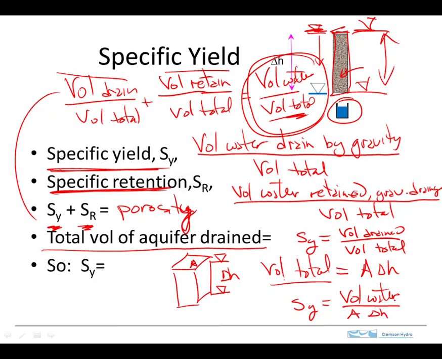Okay, so this would be another way to think about the specific yield. So this allows us then to equate the volume of water that has been released from storage due to a drop in the water table.